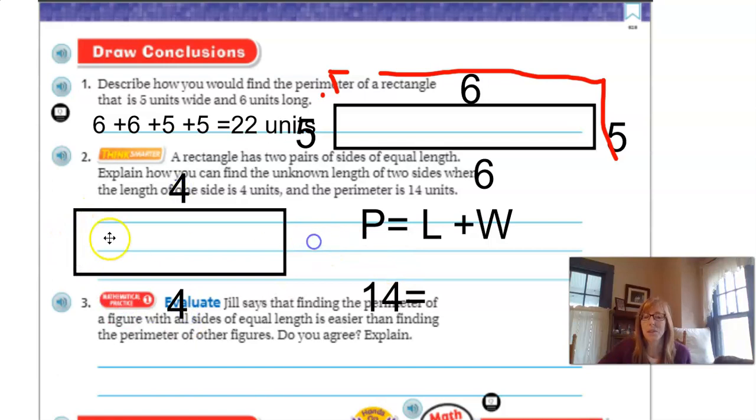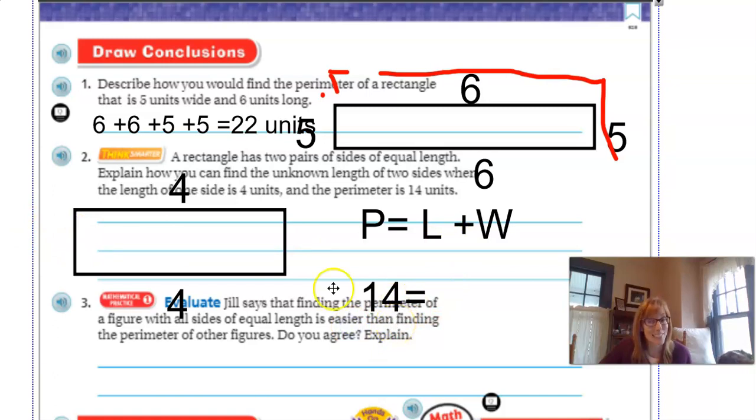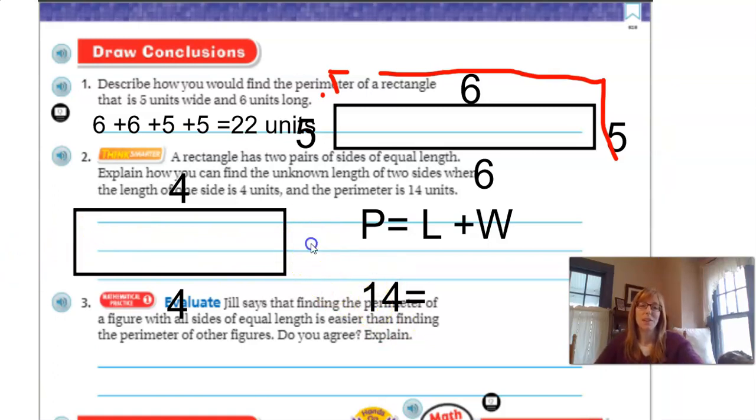Okay, so we're missing these two sides. Okay, so 14 minus 8, did you guys all get 6? And then we know these have to be the same. So 6 divided by 2 is, you are brilliant, you are correct.